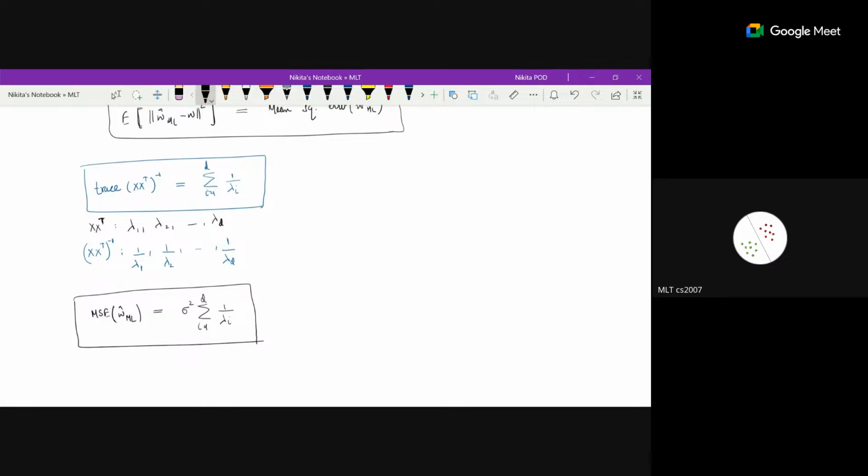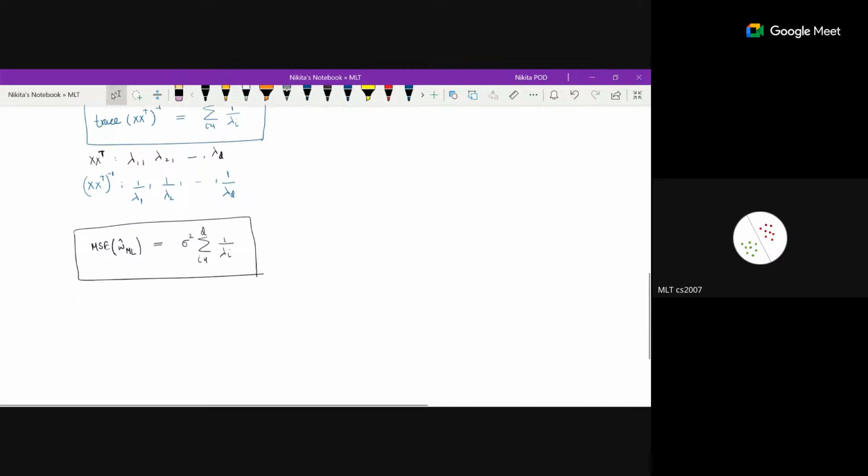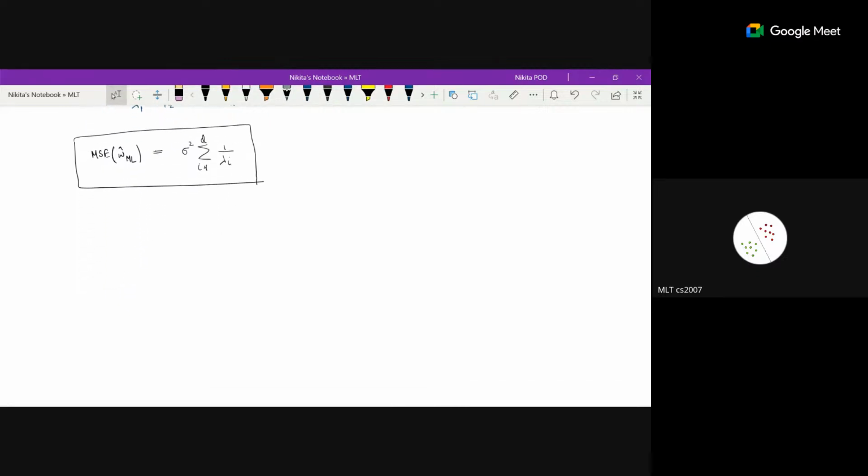What we will do now is introduce a new estimator. My new estimator, W hat new, is XX transpose plus lambda I, inverse, times XY.